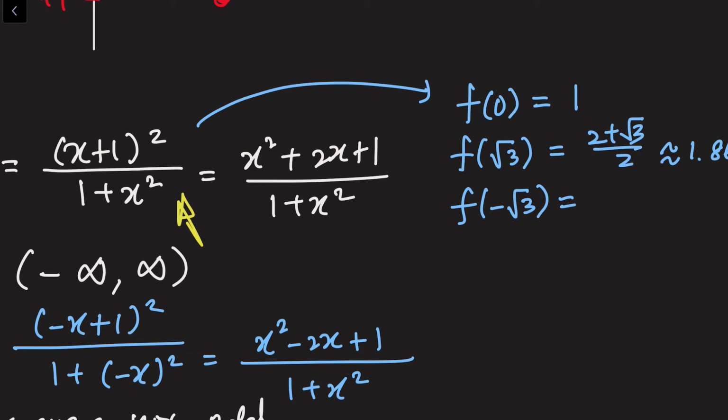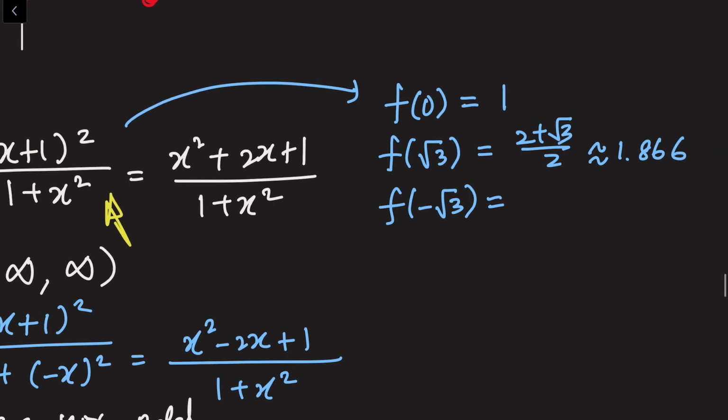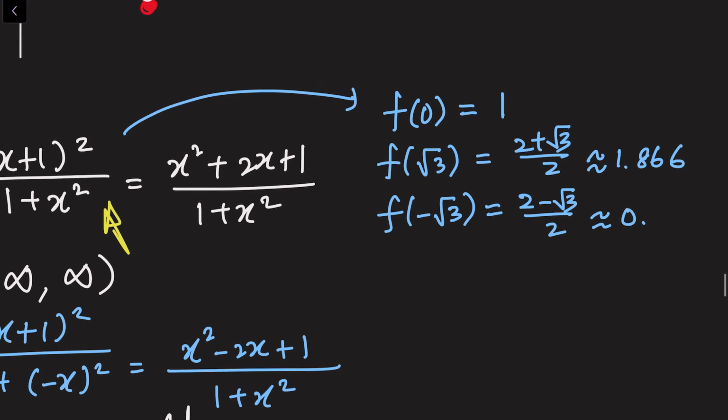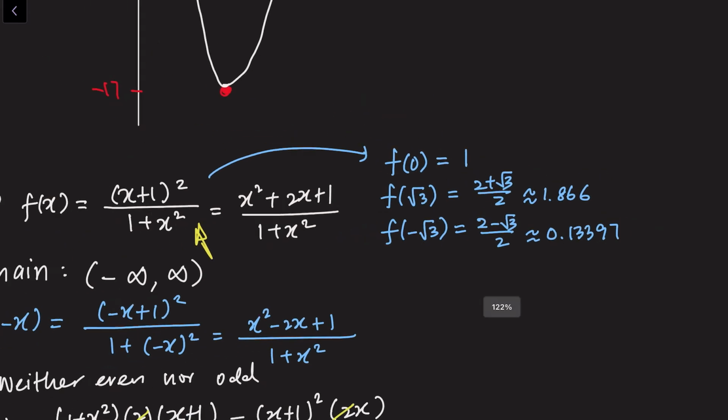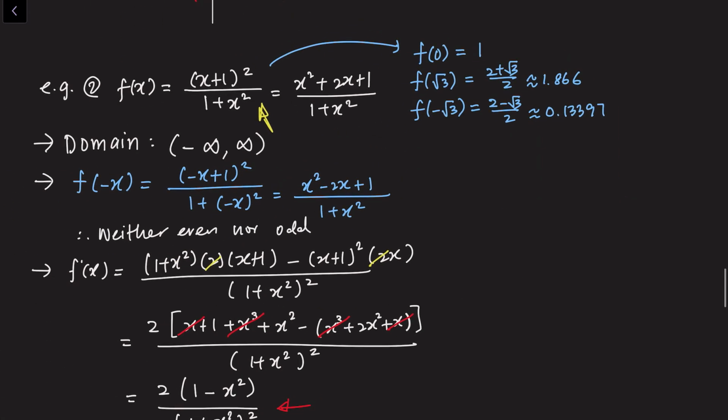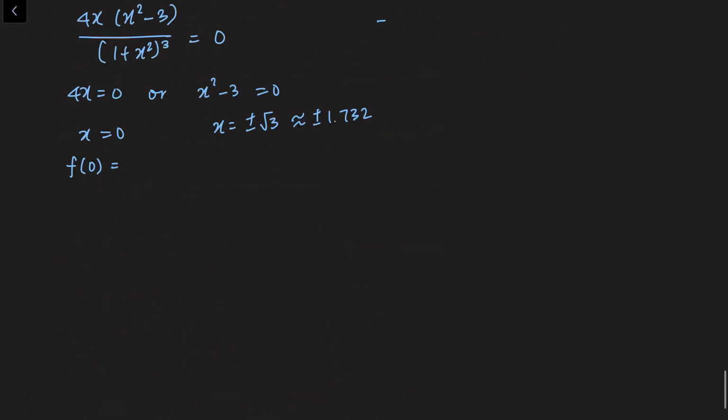Because the value is not so nice. And obviously this will be approximately 0.13397. Okay, 1.866 and 0.